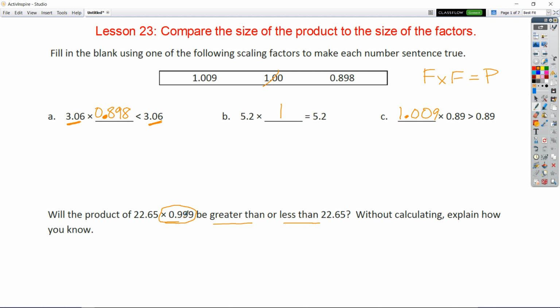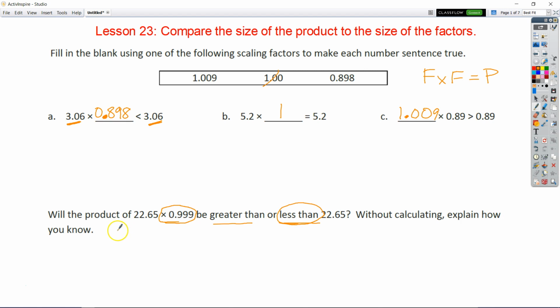Hopefully you said, call it out. Excellent. Less than 1. Because my scaling factor is less than 1, when I'm multiplying my scaling factor by 22 and 65 hundredths, the product of these two, factor times factor equals product, is going to be less than 22 and 65 hundredths. So we know that the answer is less than, and it says without calculating, explain how you know, and I just did.